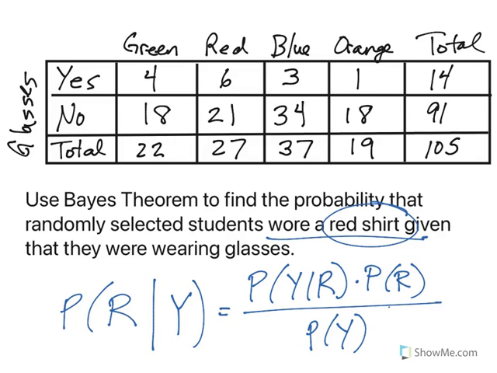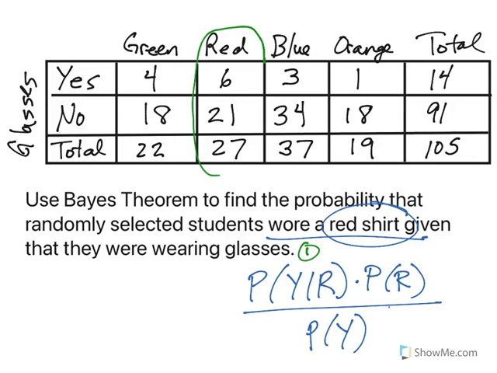We know these are the 3 pieces we need, so let's find those probabilities independently of each other. The probability of yes given red: given red means I'm going to just look at the red column. 6 for yes, 21 for no, 27 total. So the probability of yes given red is 6 out of 27.